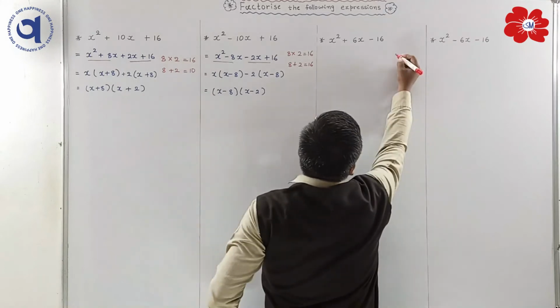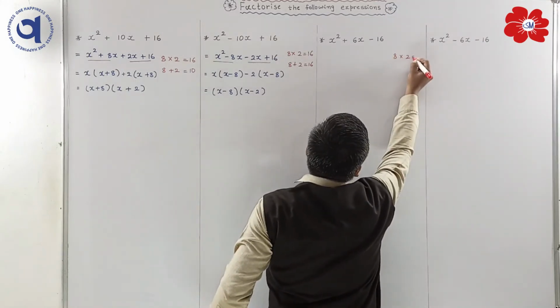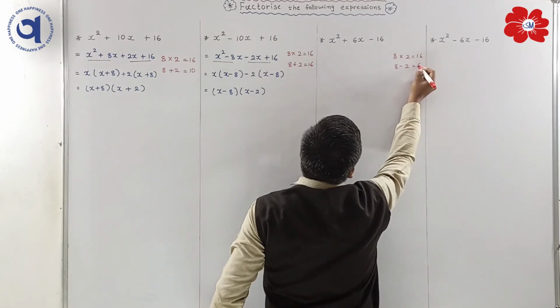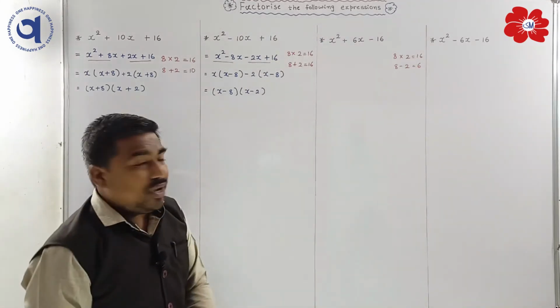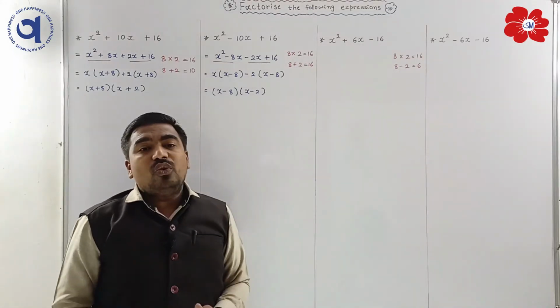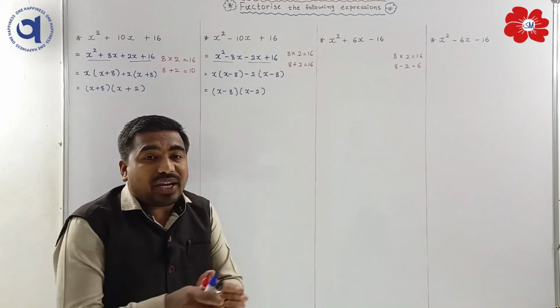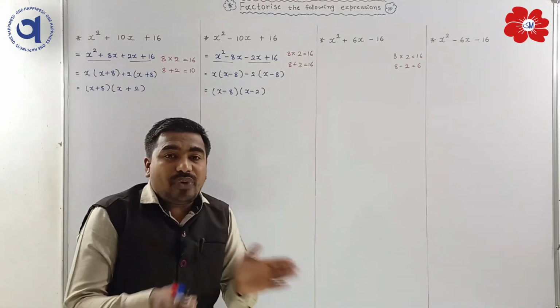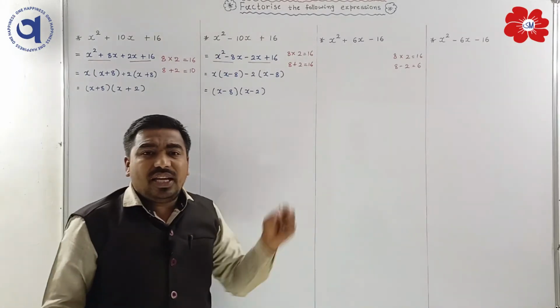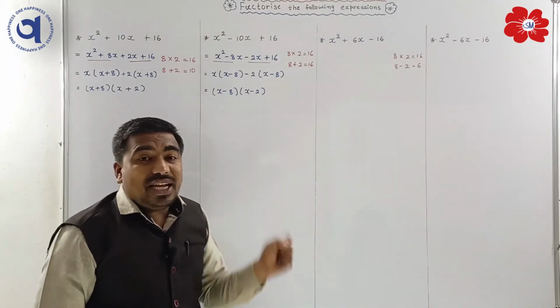Look here. I can write 8 2s are 16, and 8 minus 2 is equal to 6. Whenever we have a minus sign in the last term, we factorize the last term, 16, into two parts. 8 2s are 16, 8 minus 2.